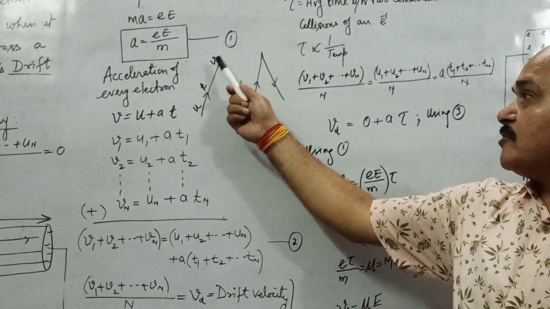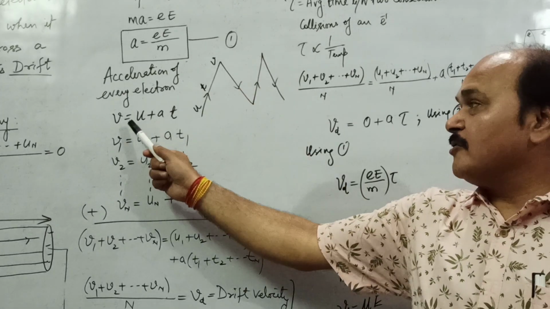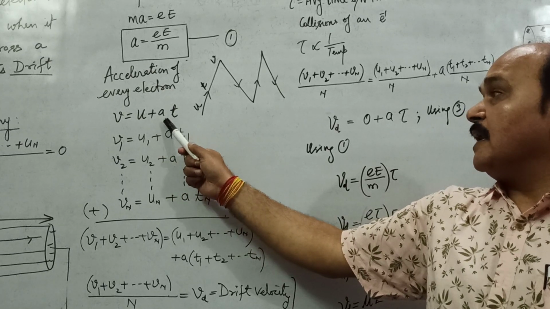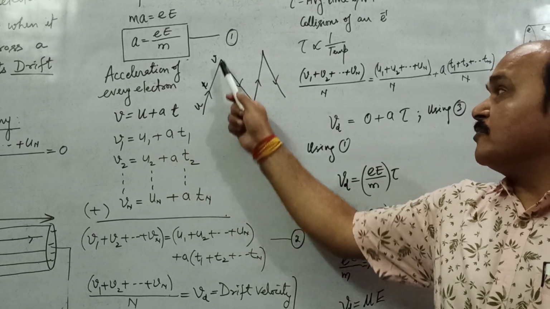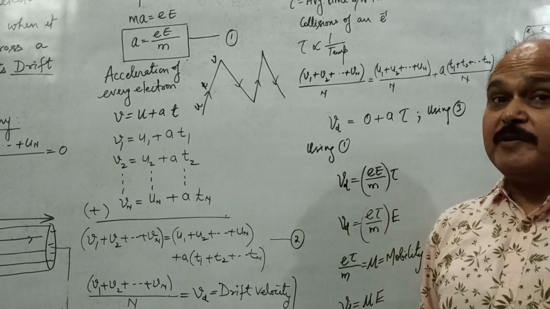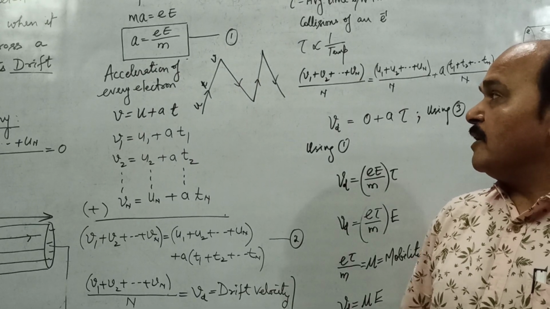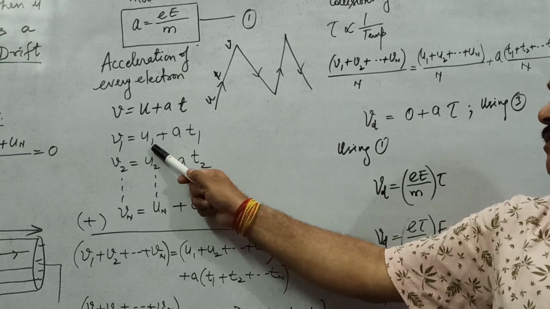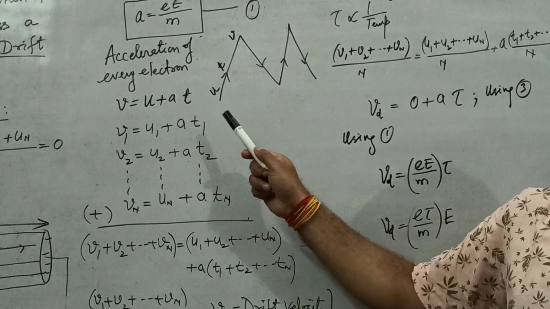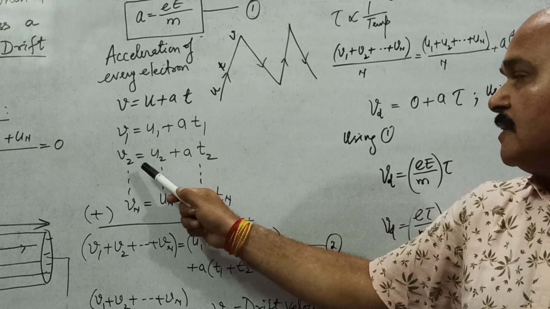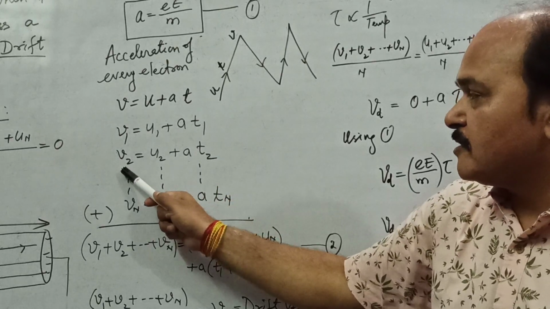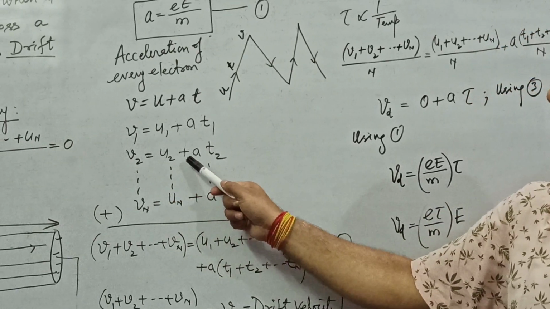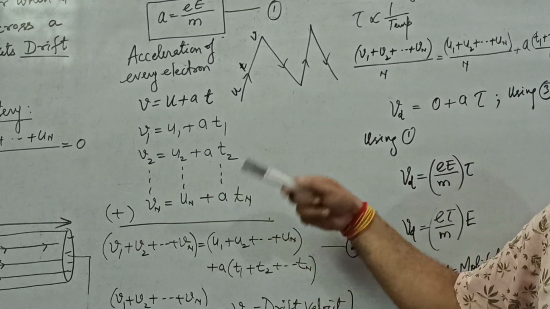Well, since the motion is accelerated, this is the equation of motion for the electron along various free paths. Along one free path, say the final velocity is v1, the initial velocity is u1, plus a times tau 1. Along another free path, the initial velocity is u2, then the final velocity is going to be what? v2 is equal to u2 plus a t2, and so on.